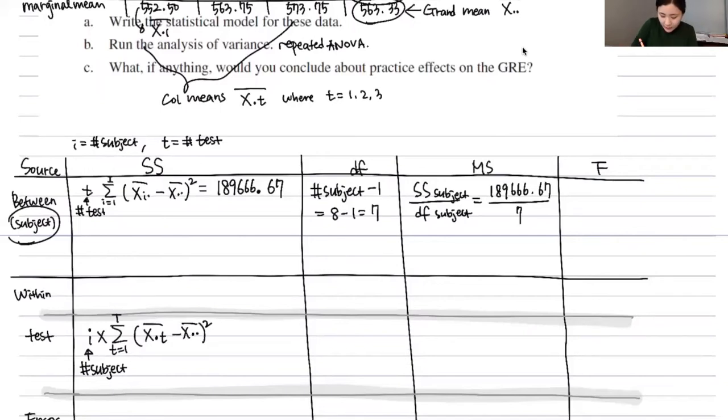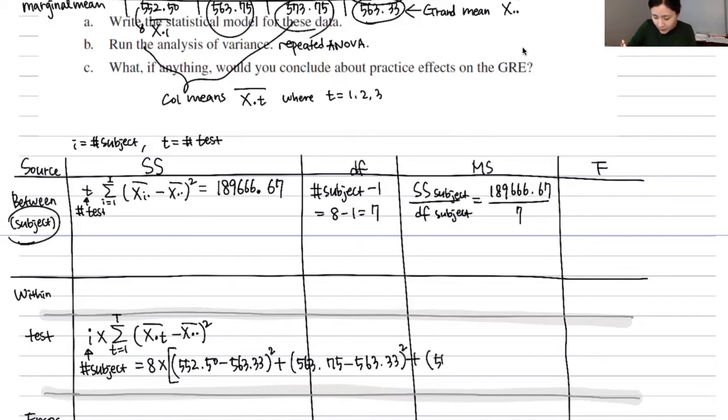We have 8 subjects, so 8 times the first column mean, 552.50, minus the grand mean squared, plus the second column mean 563.75 minus 563.33 squared, plus the third column mean 573 minus the grand mean squared.